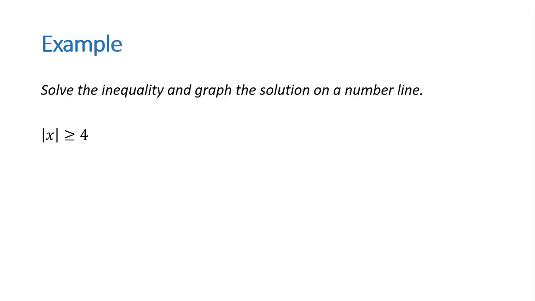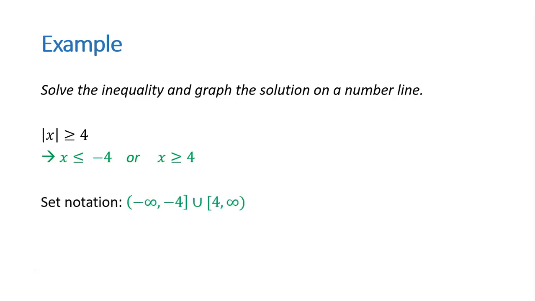Well, now we're saying our distance traveled has to be greater than or equal to 4 units. So the only real difference is that now we can stop at 4 as opposed to being required to go strictly past 4. So x can be less than or equal to negative 4, or it can be greater than or equal to positive 4. The only thing that changes in our set notation is we now have brackets around negative 4 and 4.